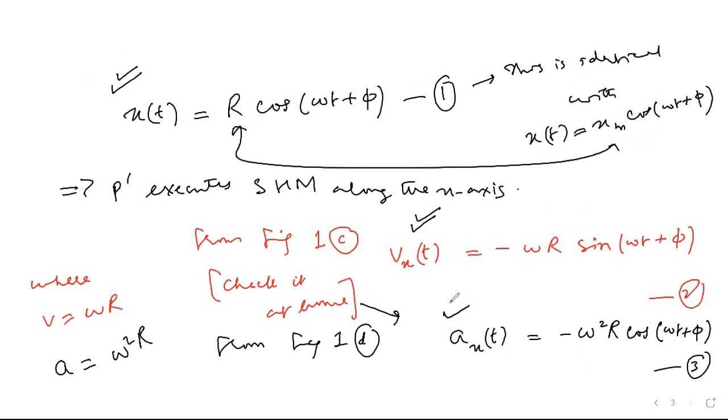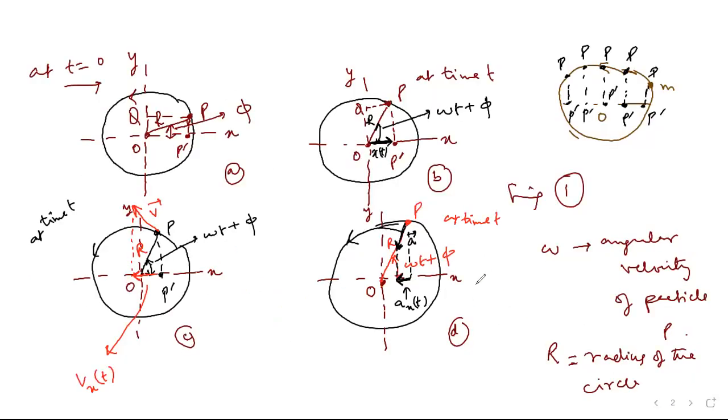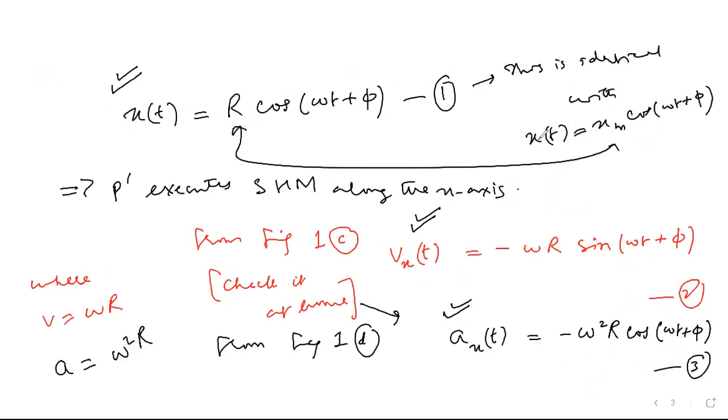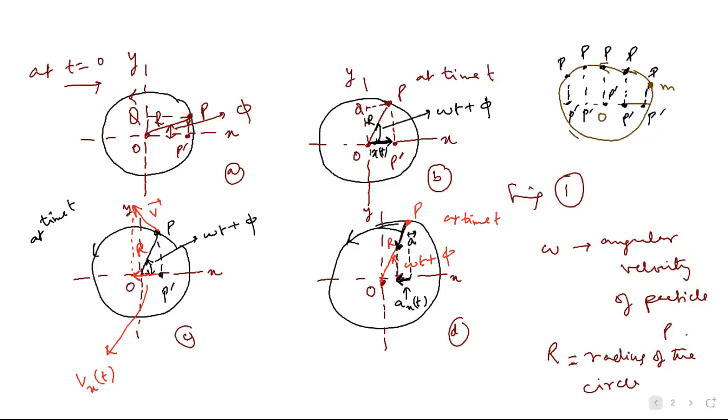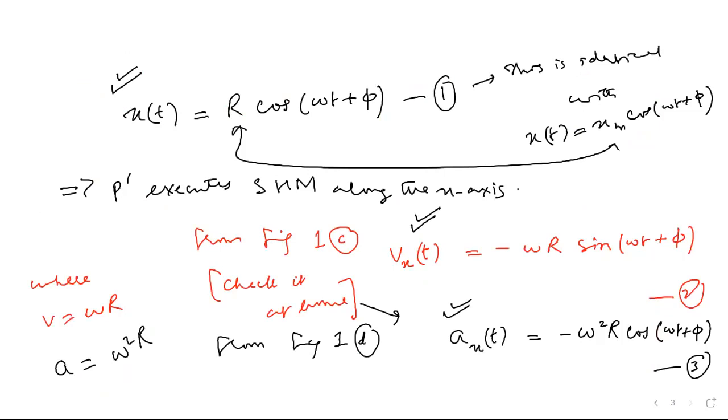This third equation, ax of t, gives me the acceleration of P prime. So you can see they are similar to the equations of simple harmonic motion. Only one thing is different: xm is replaced by r. That means r, the radius of the circle, becomes the amplitude of motion for P prime, which is executing simple harmonic motion.